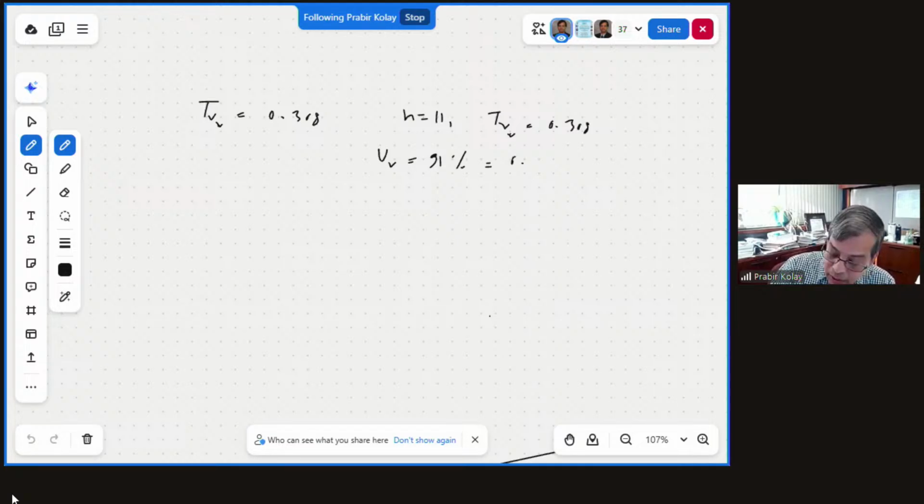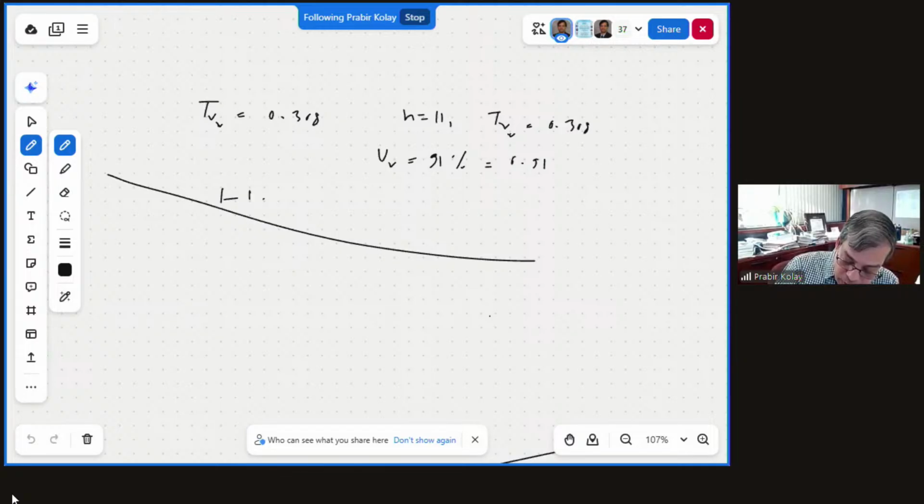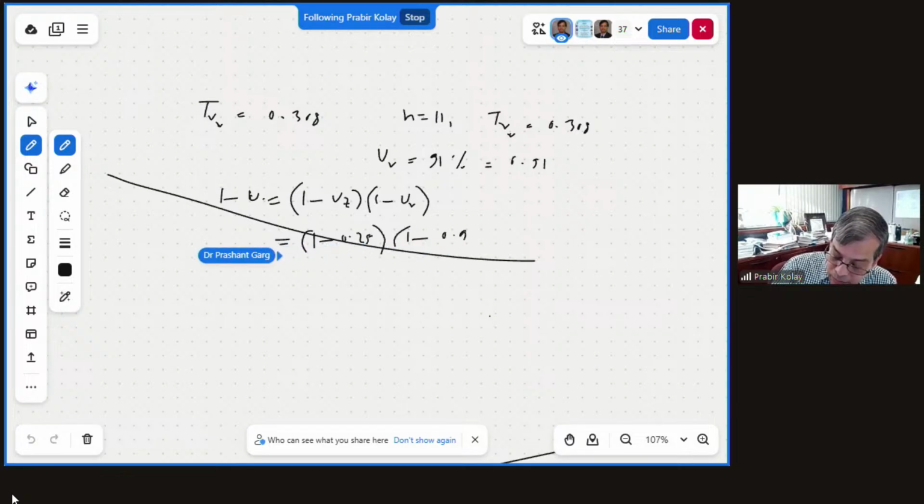So that is 0.91. From there, again, you need to use the combined equation: 1 minus U is equal to (1 minus U vertical) times (1 minus U radial). And 1 minus U vertical is 0.25, correct? And 1 minus U radial is now 0.91.